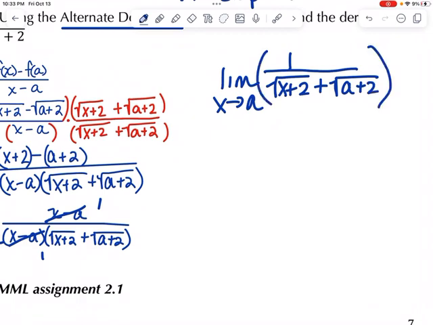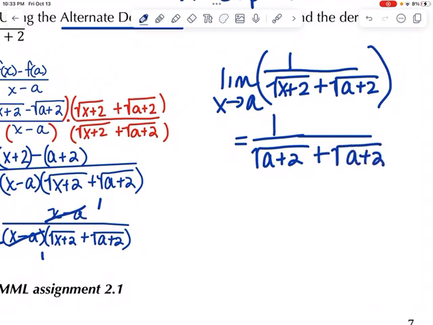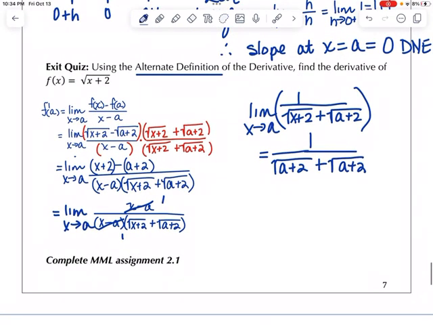So taking the limit of that, we're doing a direct substitution where x is being substituted with a. So that's equal to 1 over the square root of a plus 2. Sorry, I made a mistake here. This is going to be plus the square root of a plus 2. And so our final answer is: f prime of a is equal to 1 over 2 square root of a plus 2.